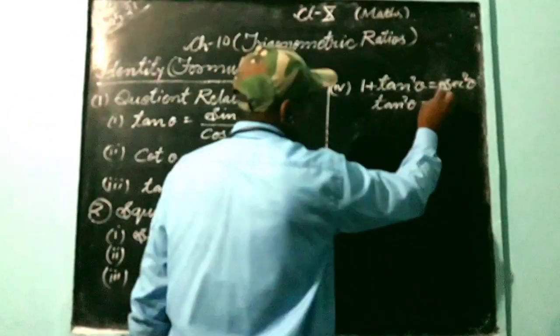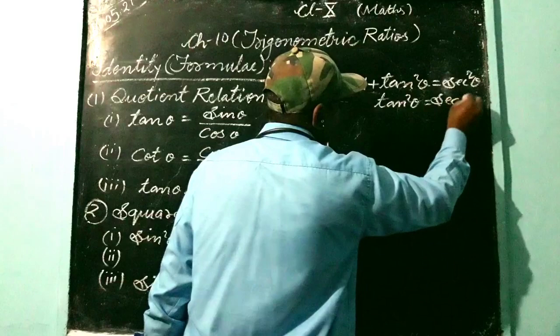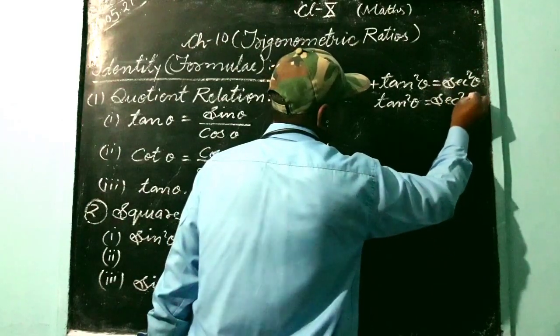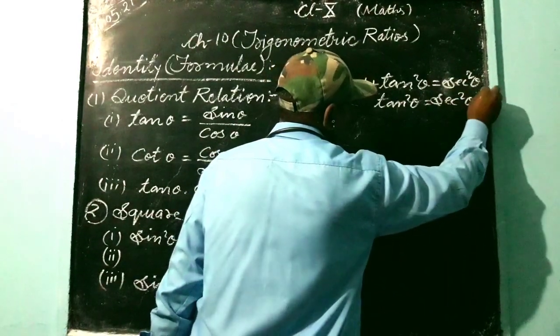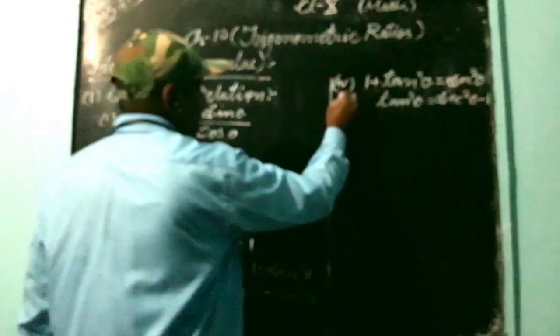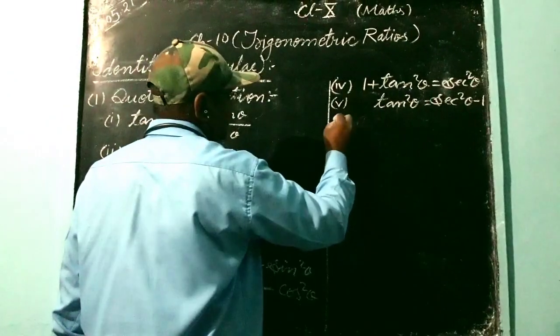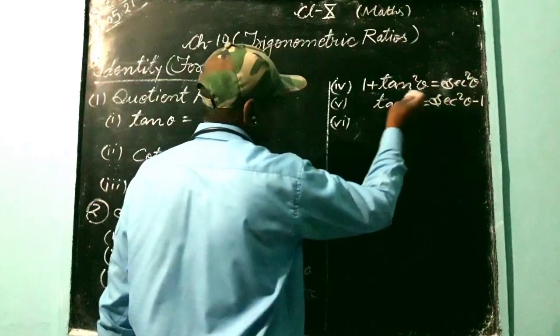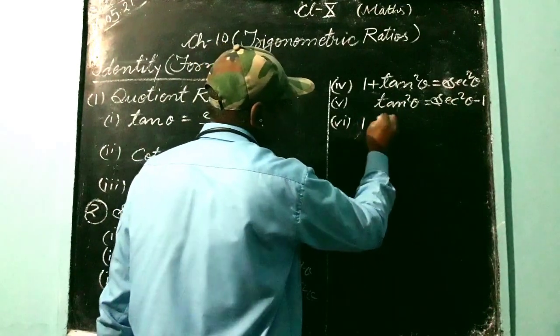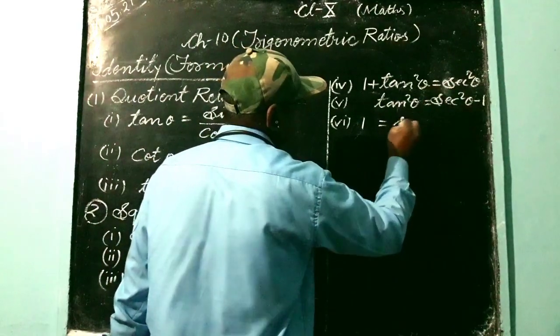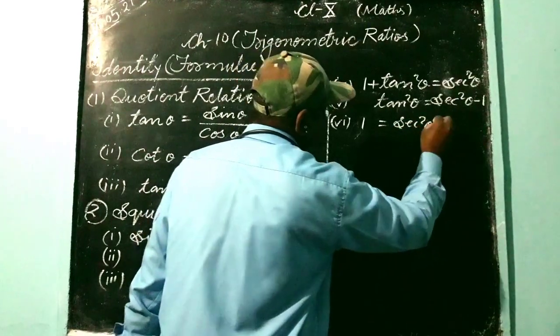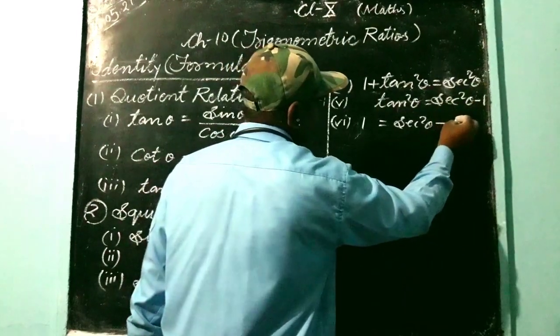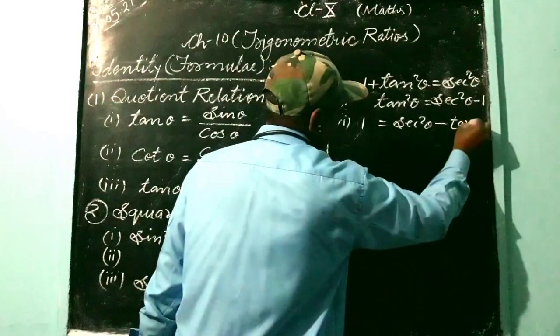Now tan square theta is equal to sec square theta minus 1. Clear? Then it will be the fifth. Now the sixth part, when you transpose both, is 1 is equal to sec square theta minus tan square theta.